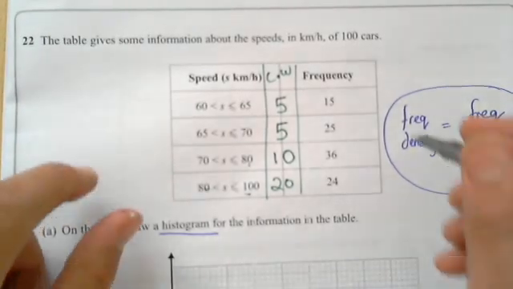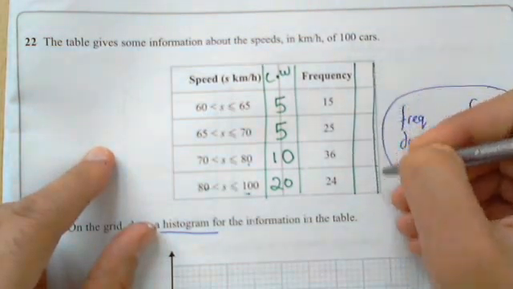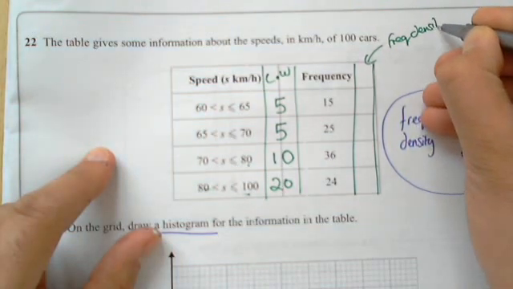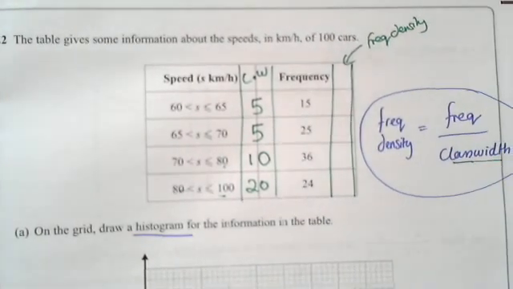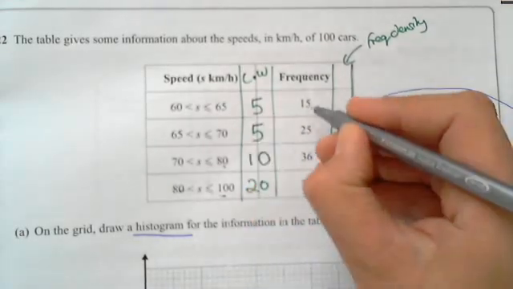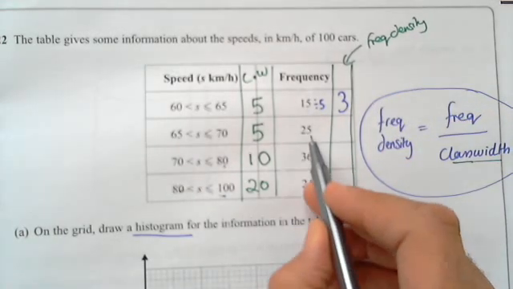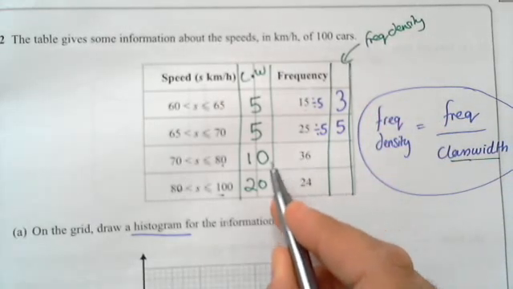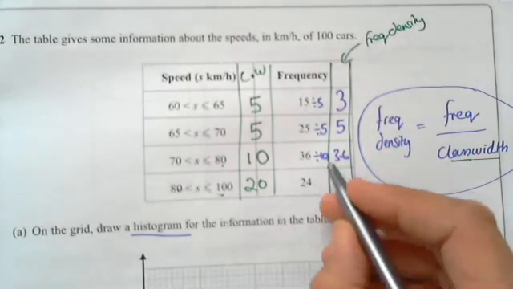Now, we need to work out what the frequency density is. The frequency density is equal to the frequency divided by the class width. So it's this number divided by the class width. 15 divided by 5 gives you 3. 25 divided by 5 gives you 5. 36 divided by 10. And then we have 24 divided by 20.